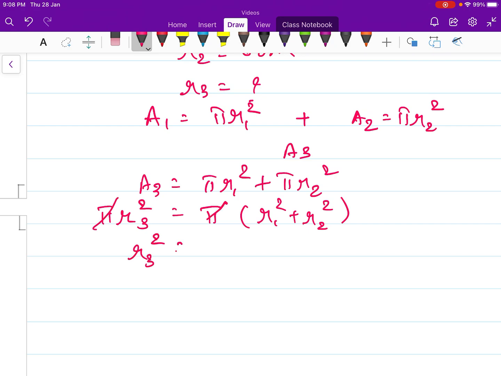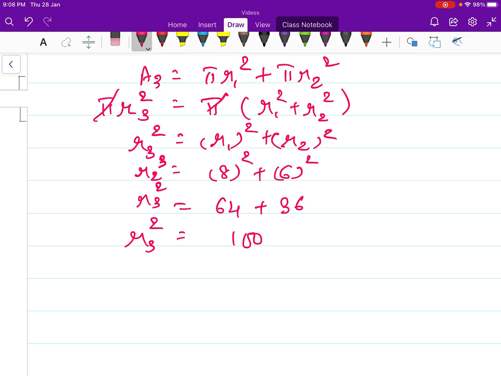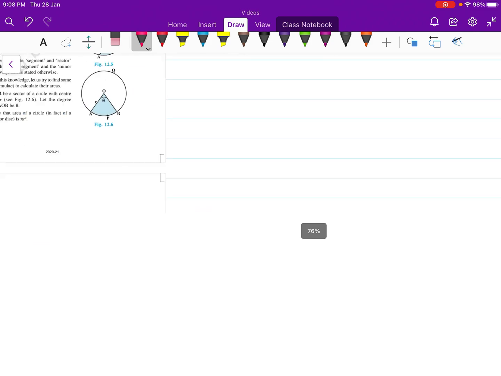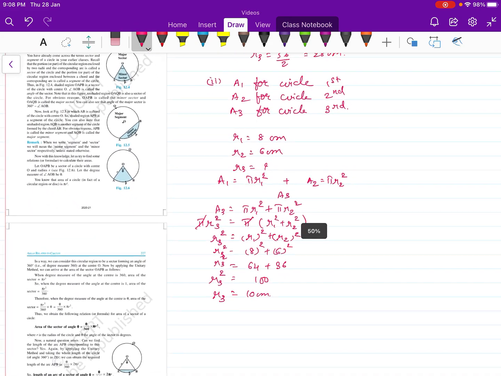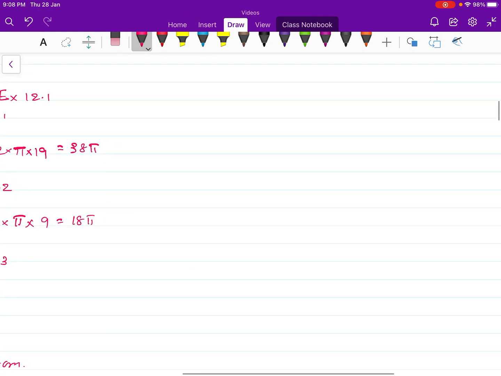So r3 square is equal to r1 square plus r2 square, which is equal to 8 square plus 6 square, that is equal to 64 plus 36, which is equal to 100. So r3 square is equal to 100. So we have r3 is equal to 10 centimeter. Wasn't that simple? That is your question number 2. Now let us do question number 3.